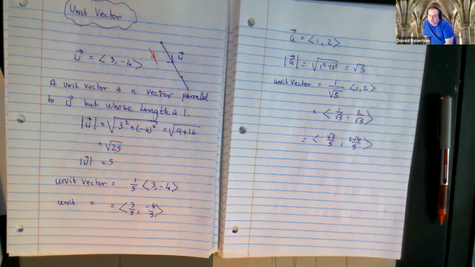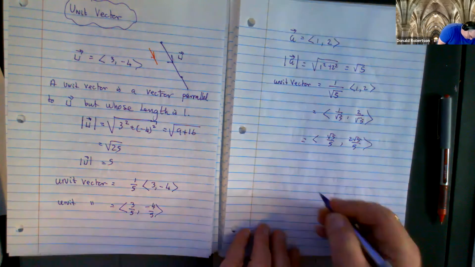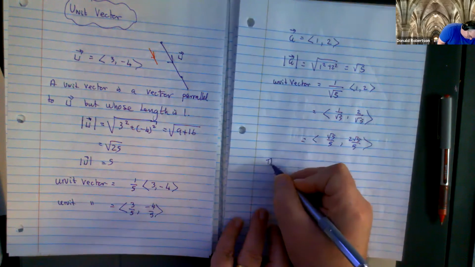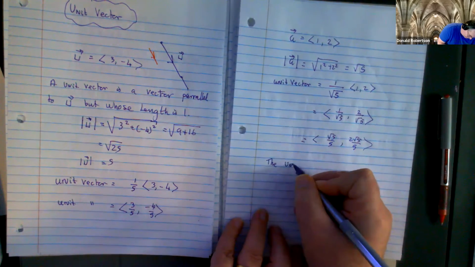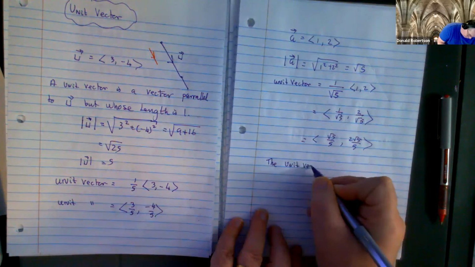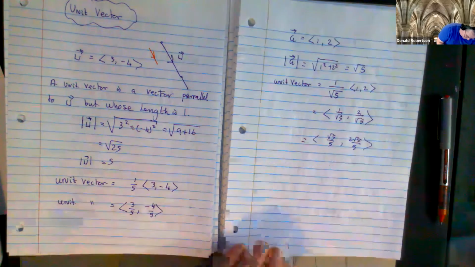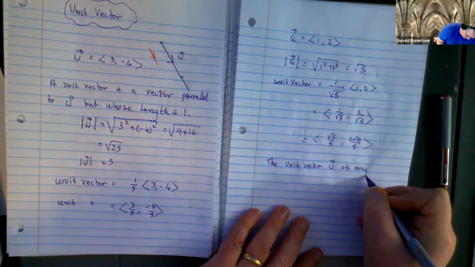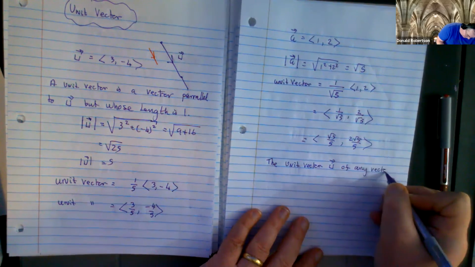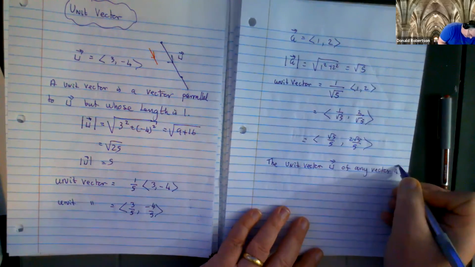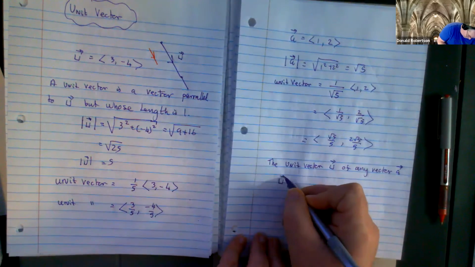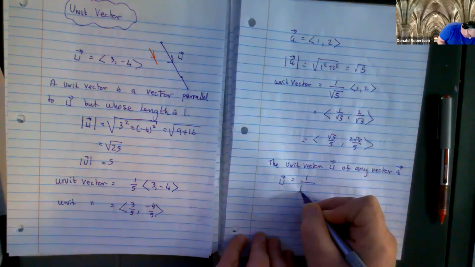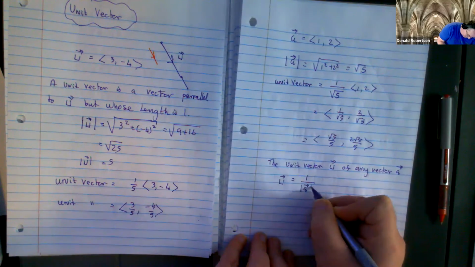Right, so I want to try and write that as a formula. So here we go. The unit vector, let's call it U, U for a unit vector of any vector A is this guy. 1 over the magnitude of A times A, great?